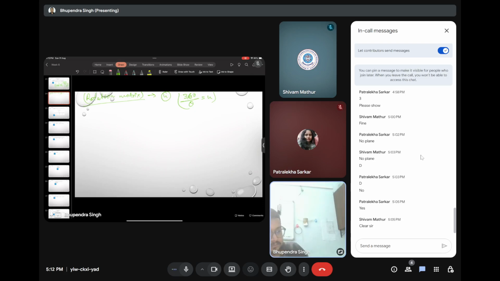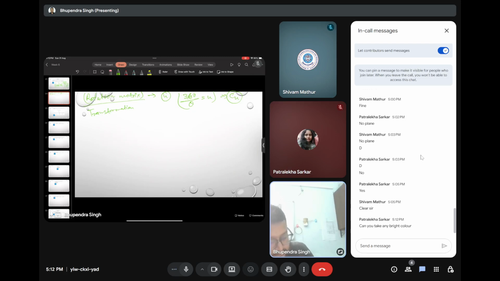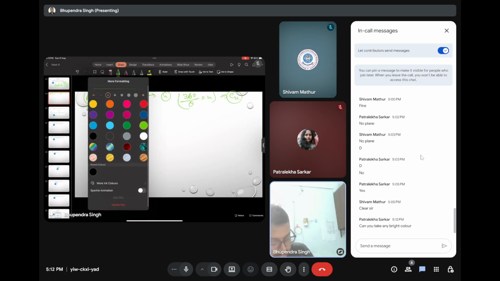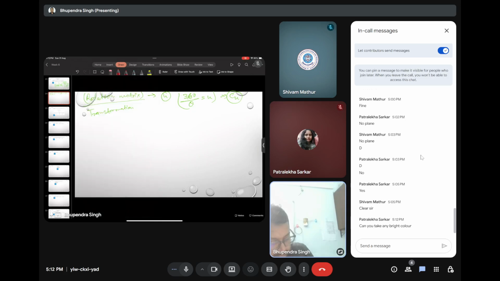So to transform, say this transformation matrix, so this is for Cn, right? Transformation matrix.